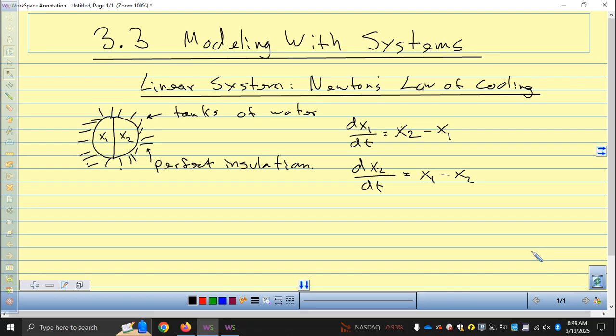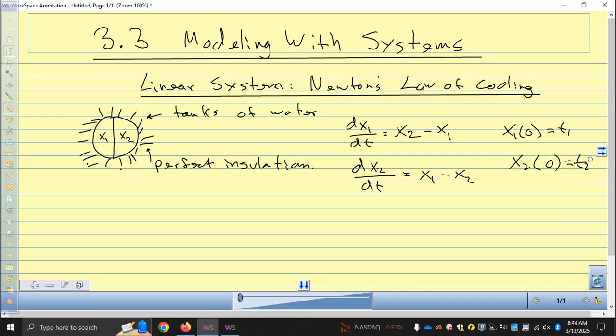And there's a pretty simple linear system of differential equations. And I'm going to say that x1 of 0 is just T1, and x2 of 0 is T2, some initial temperature in our tanks.